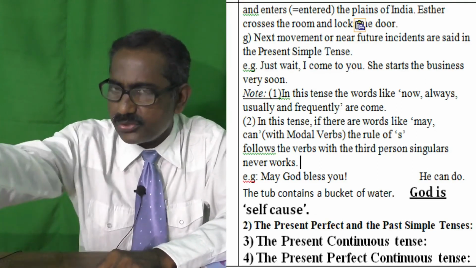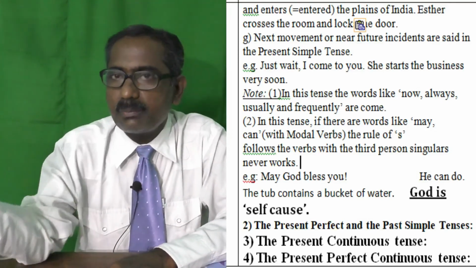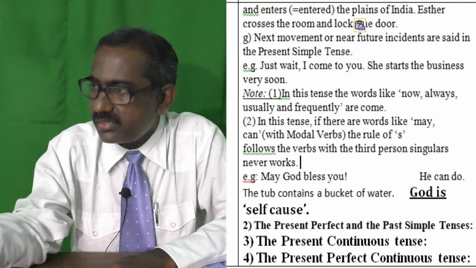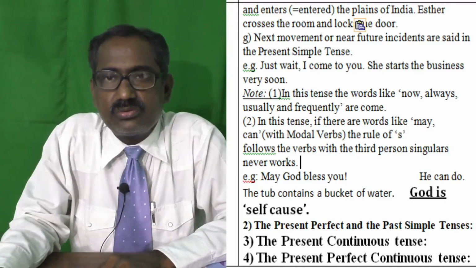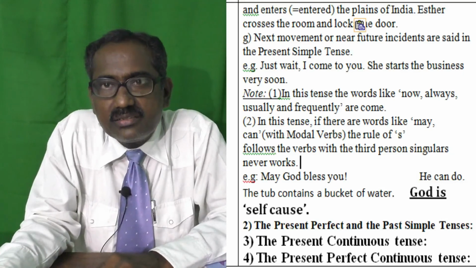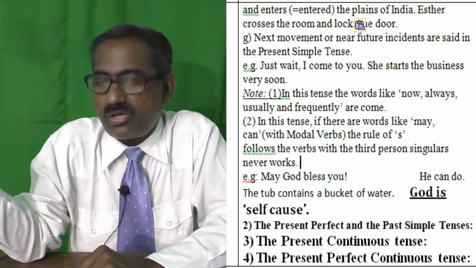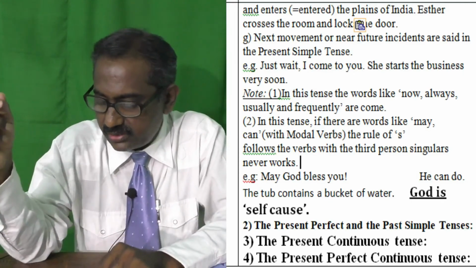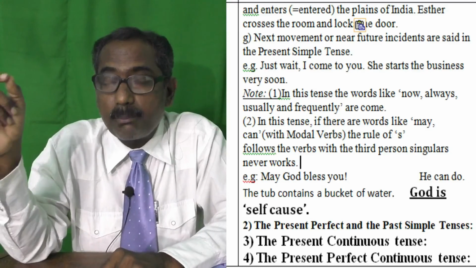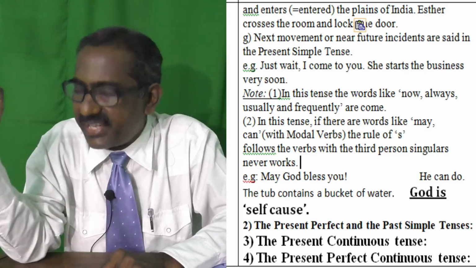"She starts the business very soon." Now the business is not with them, but she is going to start. She starts the business soon. Such kinds of things are said in present simple tense. These are called near future actions.